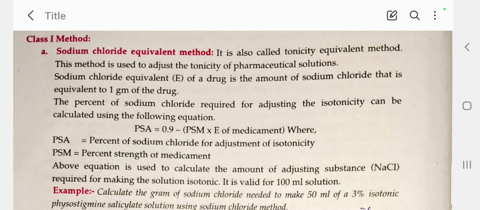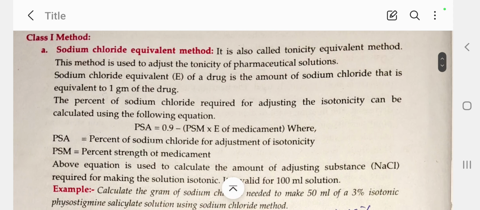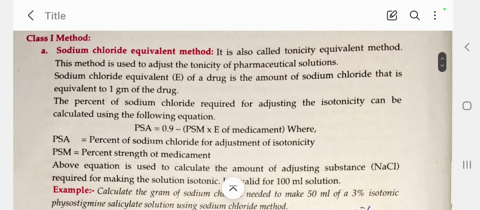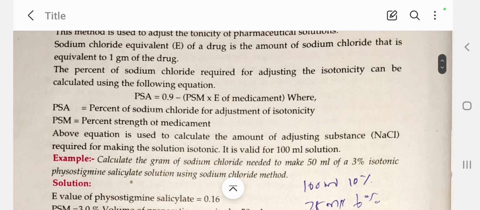It is the amount of sodium chloride that is equivalent to 1 gram of the drug. So the percent of sodium chloride required for adjusting the isotonicity can be calculated using the following equation: PSA is equal to 0.9 minus PSM multiplied by E of medicament.